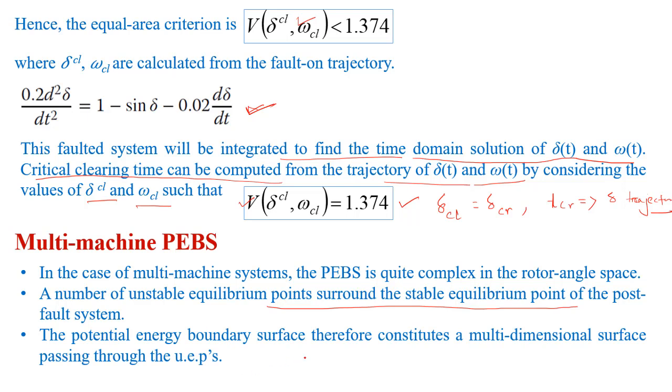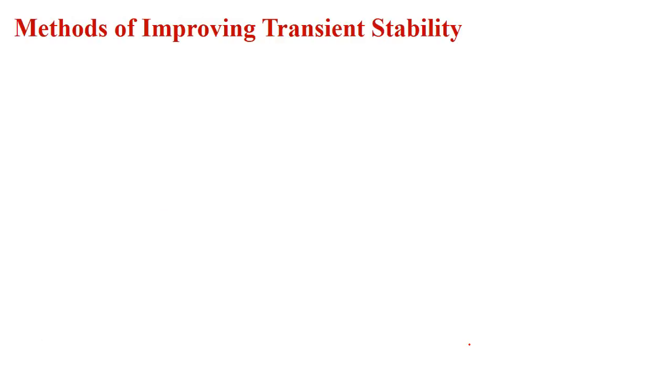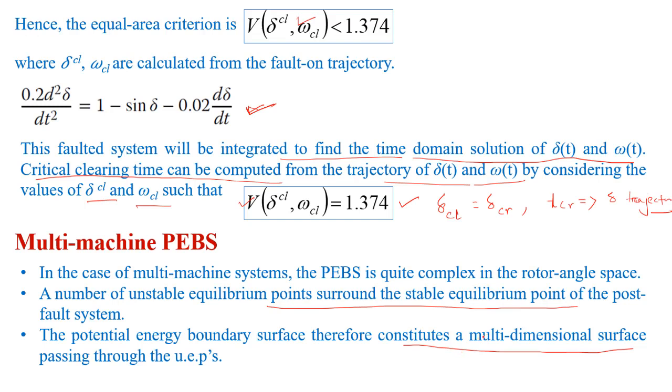So the potential energy boundary surface constitutes a multi-dimensional surface passing through the UEPs. It's really difficult to analyze this multi-machine PEBS with pen and paper. Already we discussed the generalized formulation. We can directly use that and find the energy function and the critical energy, evaluate the energy function at the clearing point, and then find the critical clearing time.